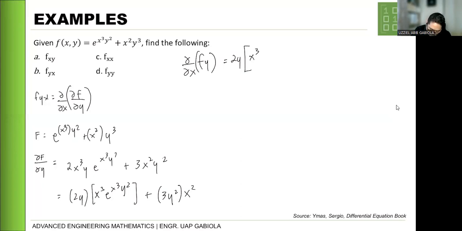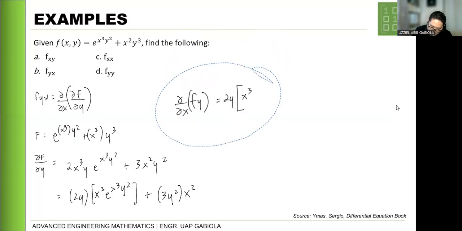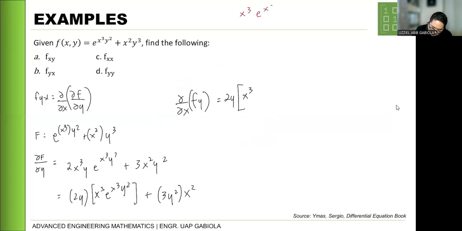Our u is the first one, then our dv. Let me separate them so we don't get confused. So our term is x cubed, x cubed y squared. So our u is x cubed, and our dv is x cubed y squared. In terms of x, u is 3x squared and dv is 3x squared y squared x cubed y squared.